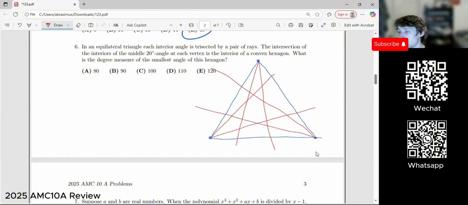But I do want to point out that because of symmetry, this angle is equal to this angle is equal to this angle. Yes, and this angle is equal to this angle is equal to this angle. Now, before I do anything else, we have to make sure that we're clear on these triplets of angles being equal just from the fact that this is an equilateral triangle.